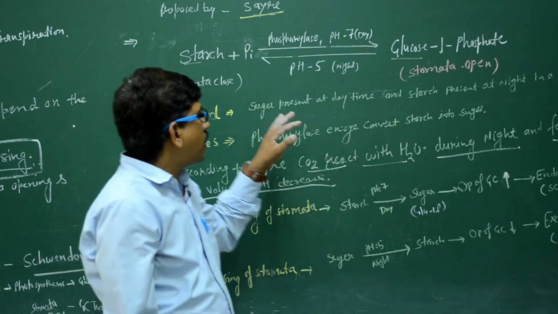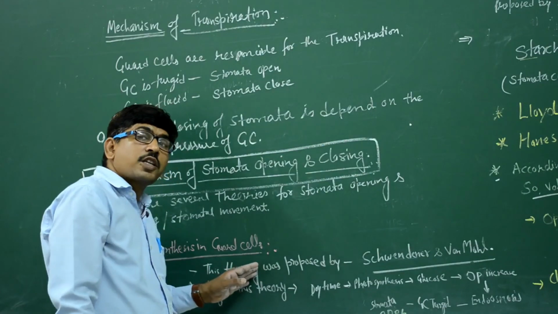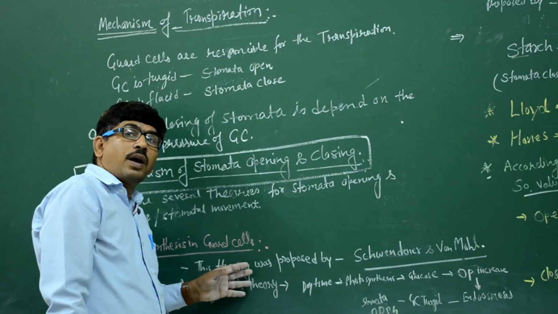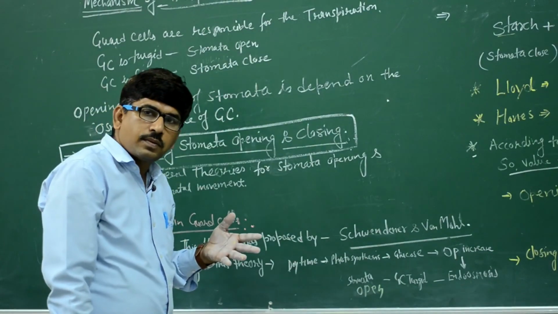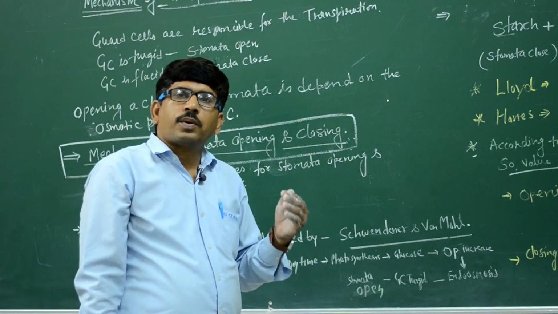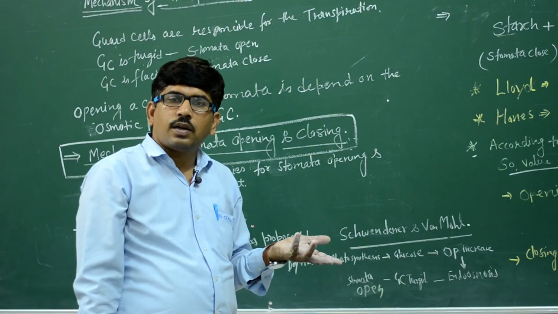We discussed the two theories. पहला photosynthesis in the guard cell. It has an exception because in CAM plants the stomata open at night time. So it means photosynthesis does not take place when the stomata open at night time in CAM plants. So photosynthesis is not present at the night.